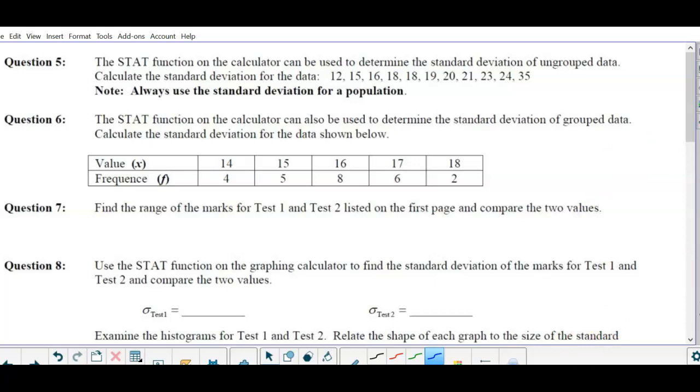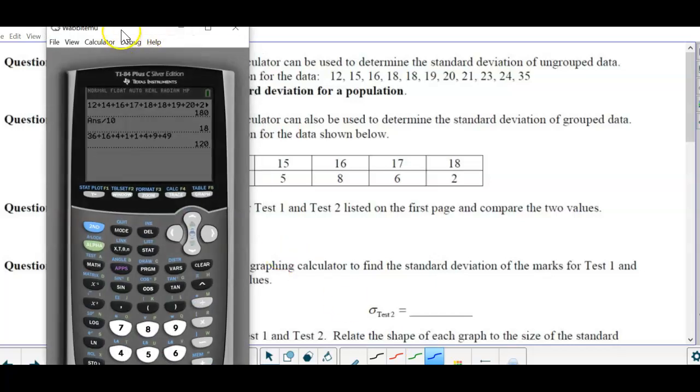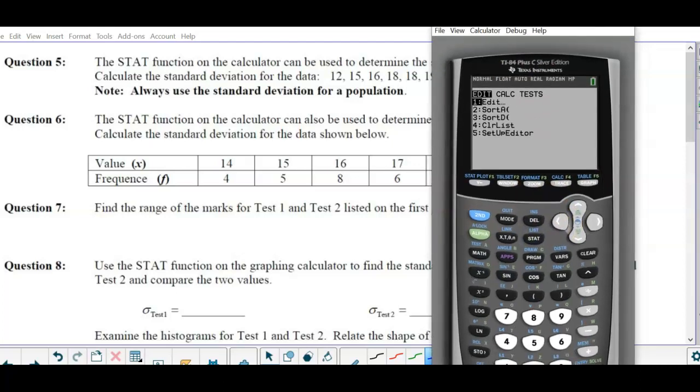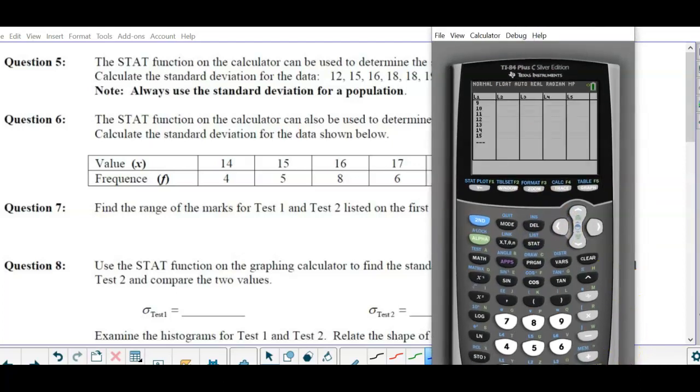All right, so now when you go to a list, I'm going to give you a hint on this just because I know some of the questions coming up. Go to your stat and edit, okay? But don't clear these because it's going to ask you to go back and look at the standard deviation of those again. So go to L4, and enter the values.